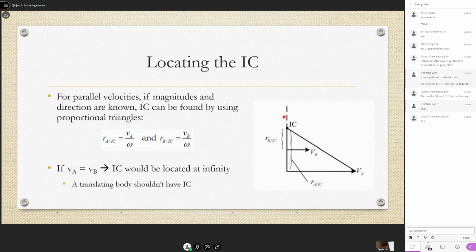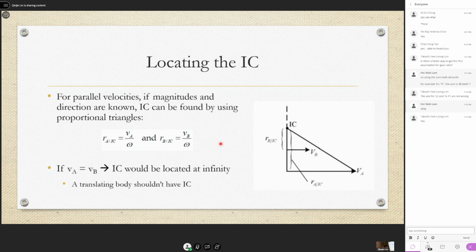Okay, assuming this is the axis. If you have A that is moving fast in this direction, B that is moving slower in this direction, if you draw a proportional triangle, there will be a point where the particle there will not be moving. All right, proportional triangle. So a point that will not be moving, that will be your IC, instantaneous center of zero velocity.